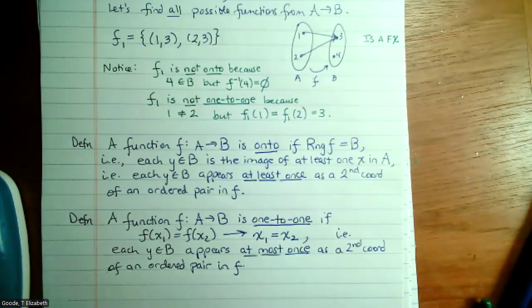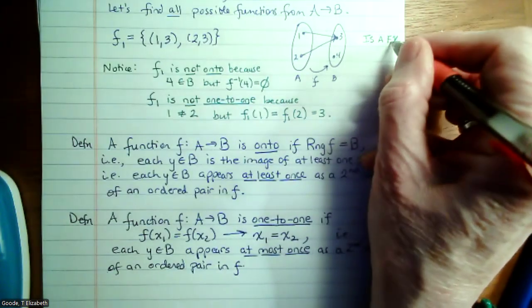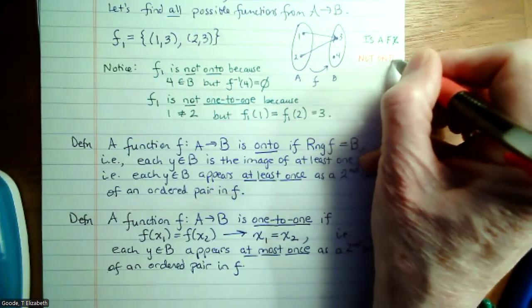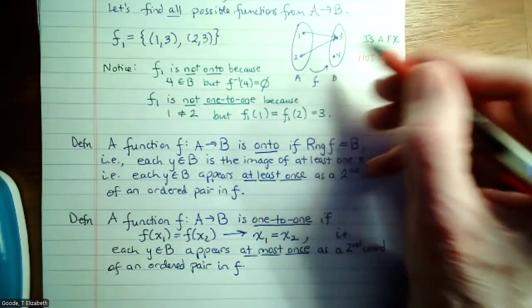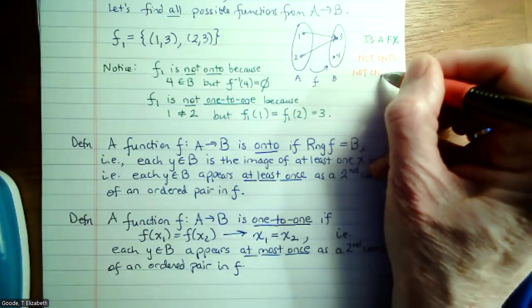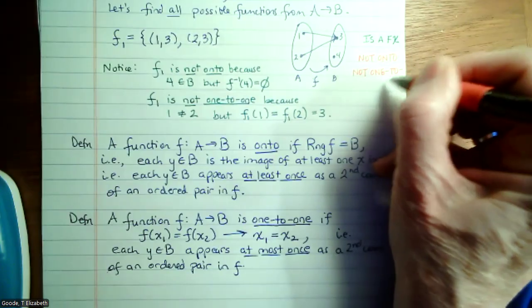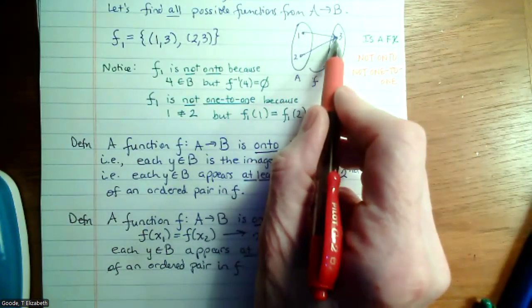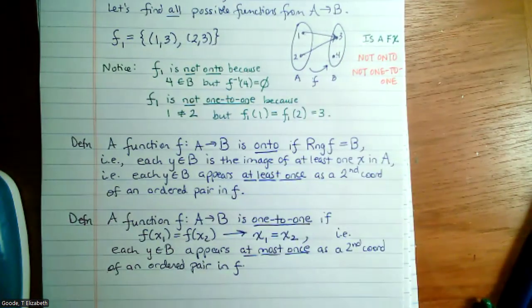So this function, it is a function, but it's not onto because 4 didn't get hit with an arrow, and it's not one-to-one because 2 different domain elements mapped to the same codomain element.